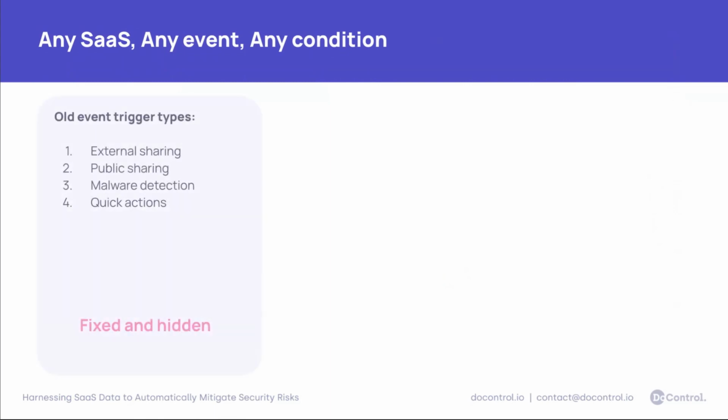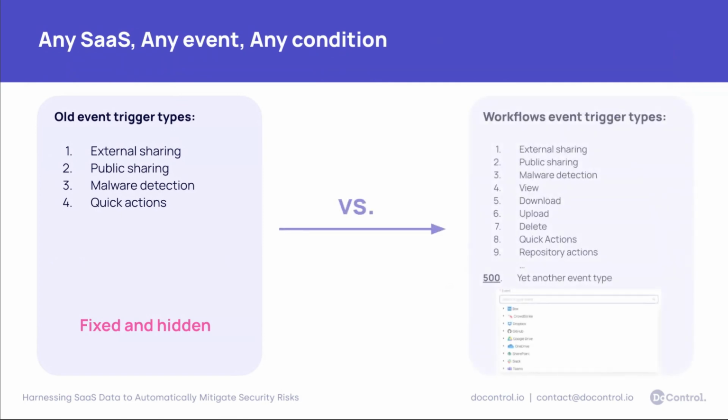So in the past, in our first generation, we had only 4 triggering types of events, right? And they were fixed and hidden, and our customers didn't have any control over them. And now we have the ability to create policies or workflows at the granularity of any SaaS and any event.